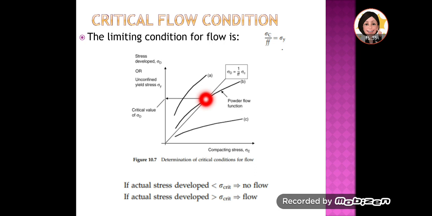So therefore, if the actual stress developed is smaller than the critical flow, when it's smaller, then there is no flow. If it is bigger, then there is flow. Okay, so that is the condition with powder B.